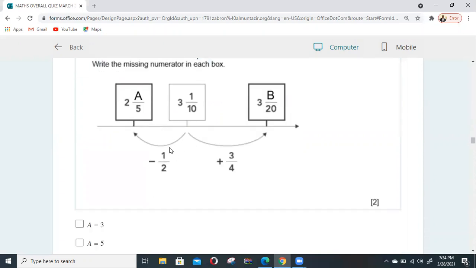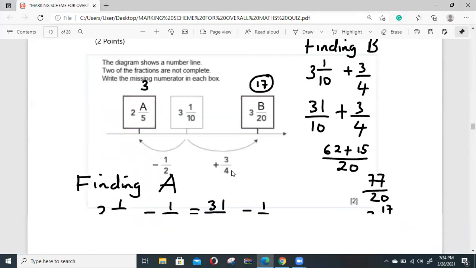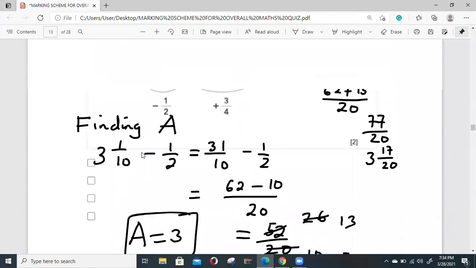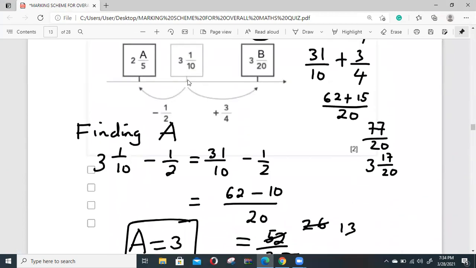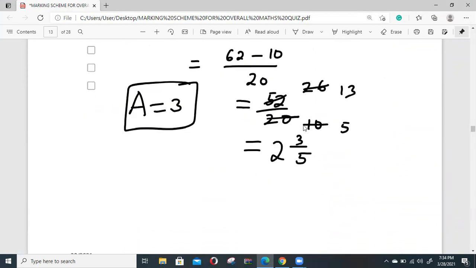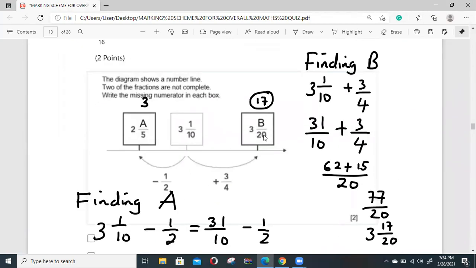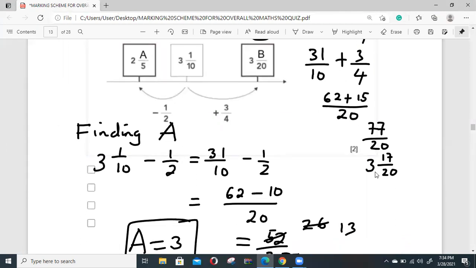So I did this question here, and let me show you. Okay, this is the calculation. Finding A, this is the calculation: 3 over 10 minus 1 over 2. You do that calculation, you get 2, 3 over 5. So 3 for A and 17 for B. Finding B, this is the calculation for B, and you'll be getting 3, 17 over 20.